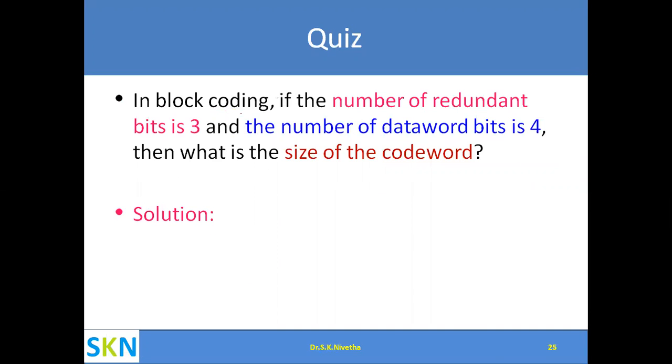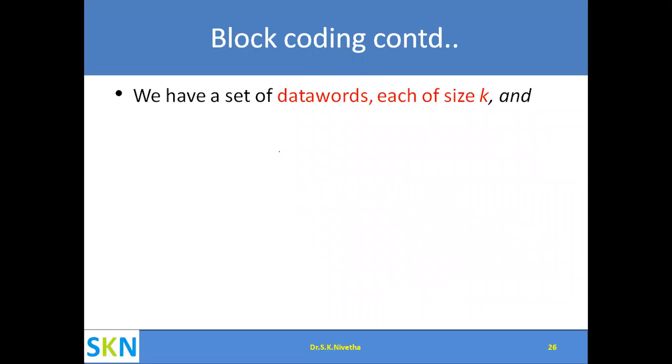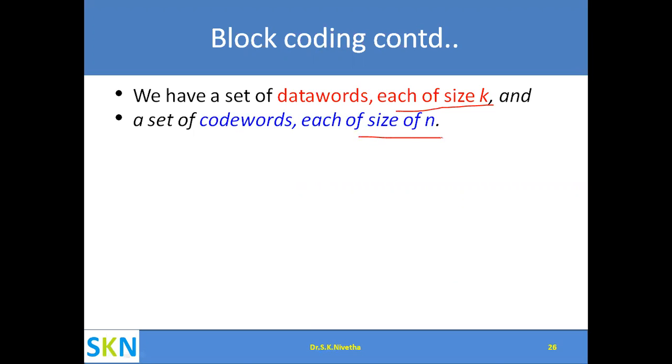In block coding, if the number of redundant bits is 3 and the number of data word bits is 4, then what is the size of the code word? If we add these two, we'll get the size of the code word. Here it is 4 plus 3, 7. We have a set of data words, each of size k, and a set of code words, each of size n.